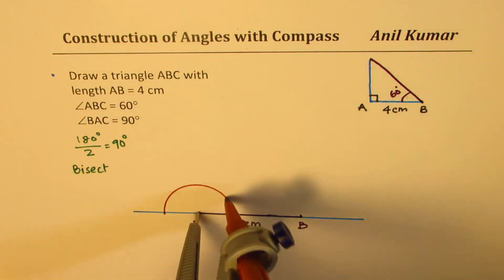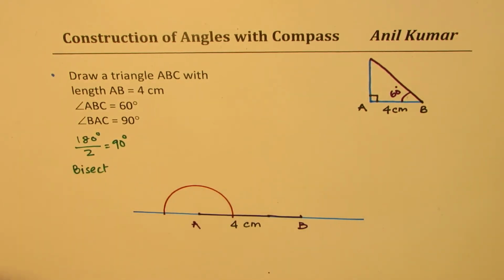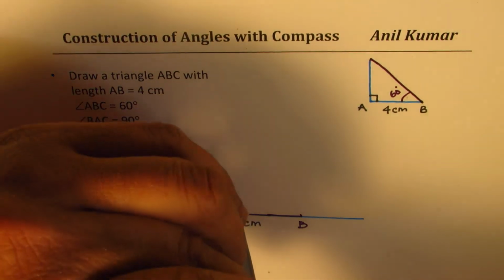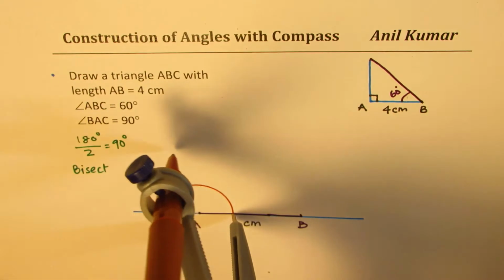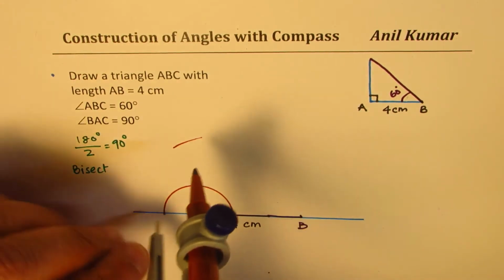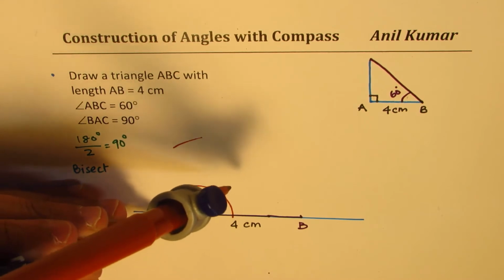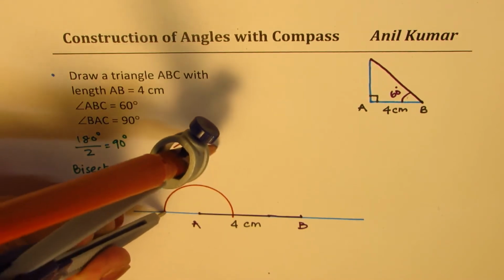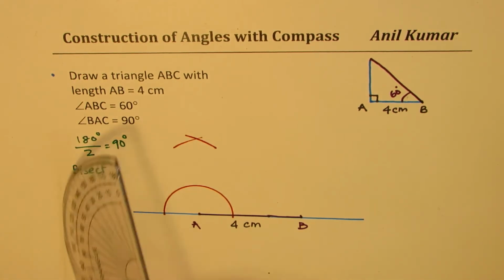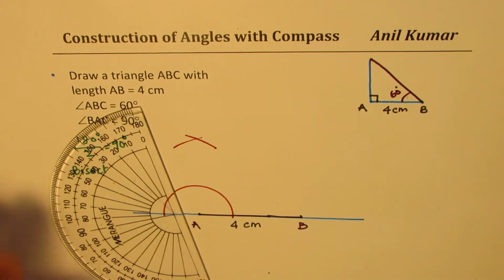So we'll make a semicircle and then we're going to increase the length of our compass and make 2 arcs. Let's make it slightly bigger like this, okay, and the one from the other side. Okay, so there you go. Wherever they intersect, that actually bisects the angle. So 180 has been bisected.